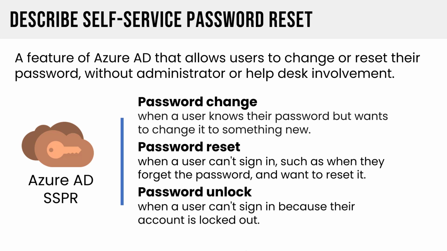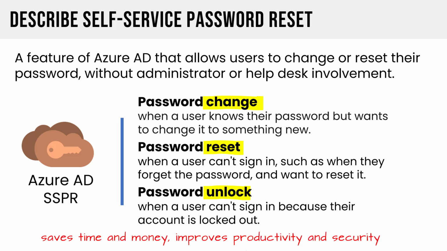And then password unlock when a user can't sign in because their account is locked out. So it supports the change, reset, and unlock scenarios. And essentially this saves time and money and improves productivity and security, because we're taking the help desk out of the equation so the user can self-correct in less time with less effort, and saving us that help desk call.